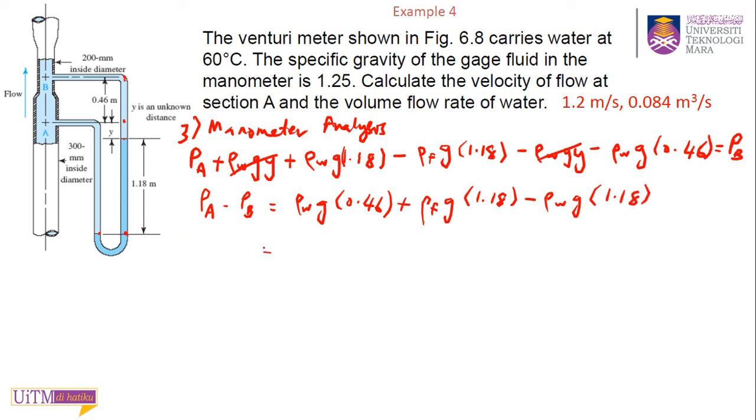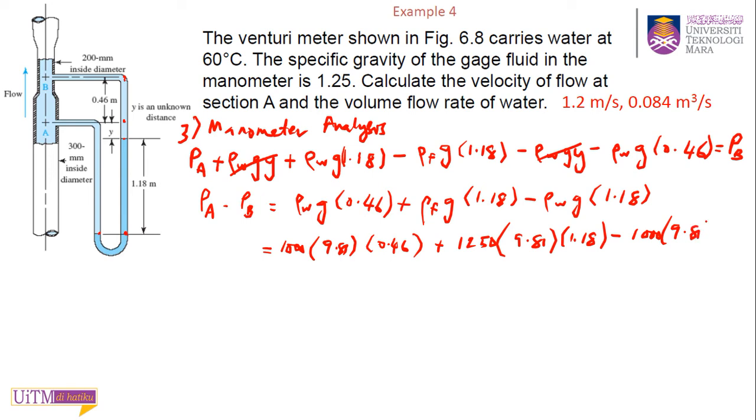Okay, and you have all the values. Rho water 1000 times 9.81 times 0.46, okay, plus rho of the gauge fluid 1.25 times 1000, that means 1250 times 9.81 times 1.18, minus rho of water times g times 1.18.